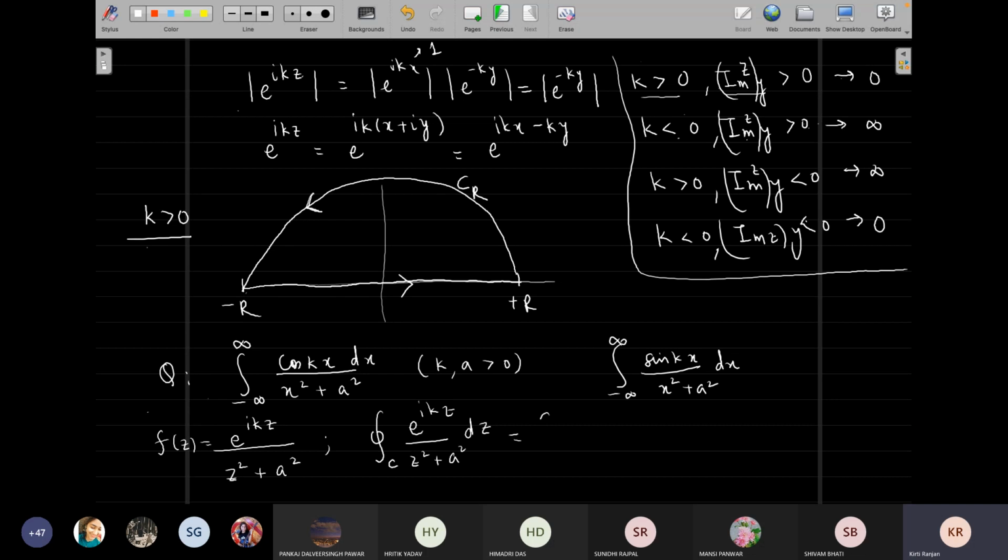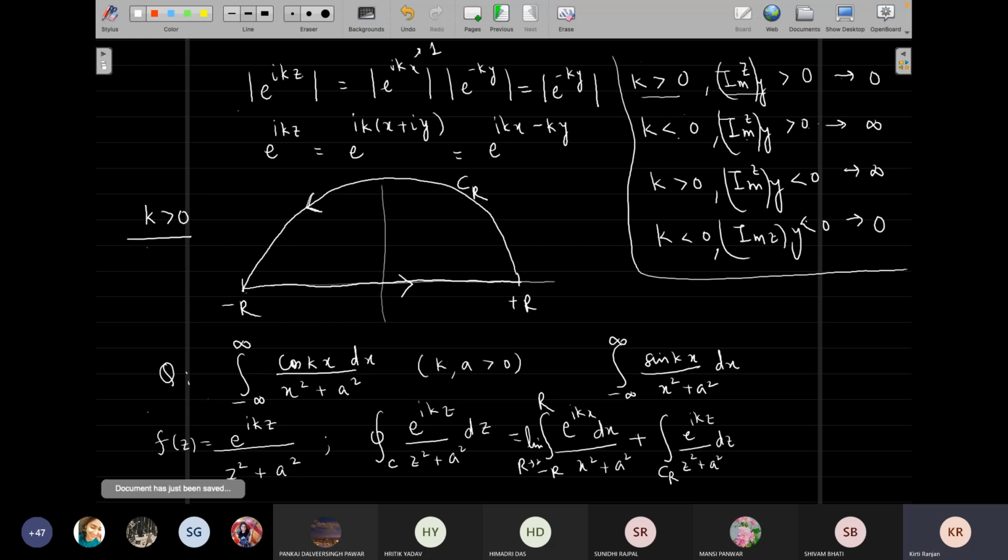So I can write down now minus r to r, since it's only on the real axis, so I can just write down this guy, e^{ikx} over x square plus a square, plus the integral over CR of e^{ikz} over z square plus a square dz, in the limit r tends to infinity.